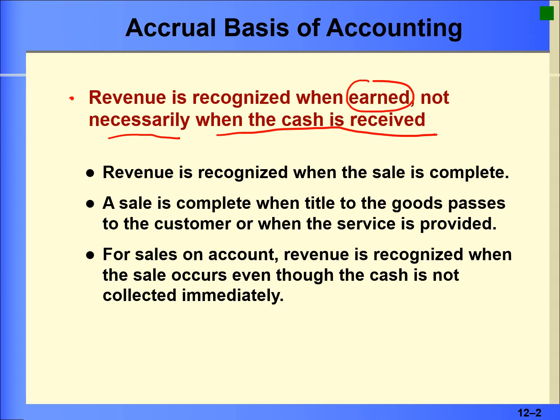That's the key with accrual accounting: typically you earned it, but you do not have the cash just yet. An example is when the sale is complete. If you drive through a McDonald's drive-through and order your meal, by the time you pick it up, the sale's complete, and McDonald's has earned their revenue. That's the basic idea.